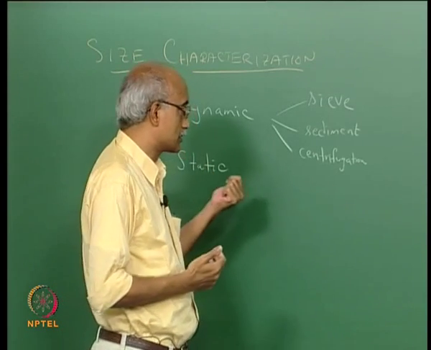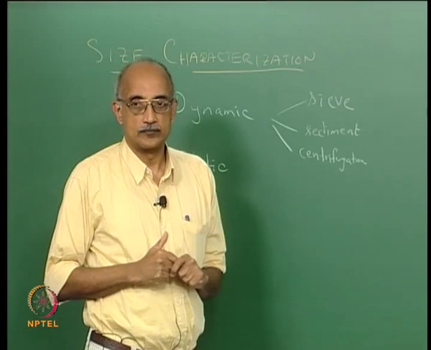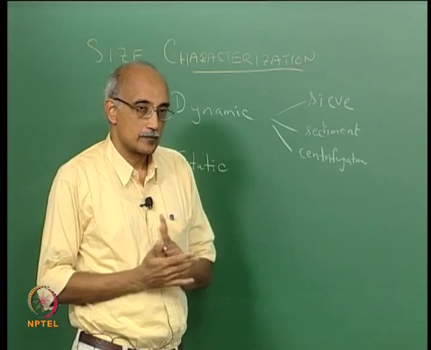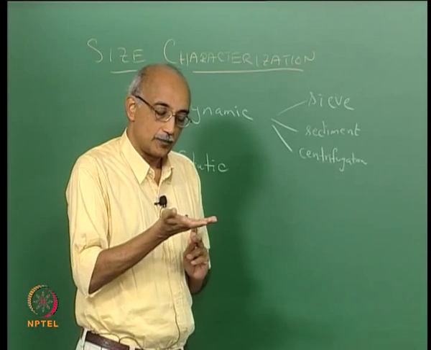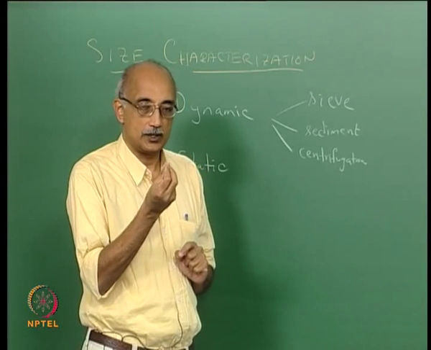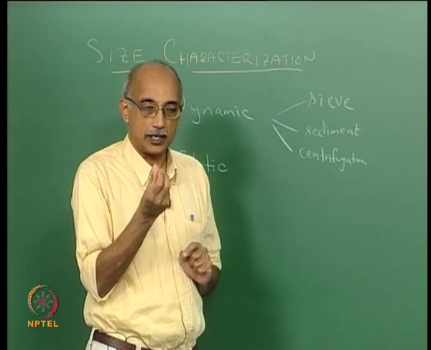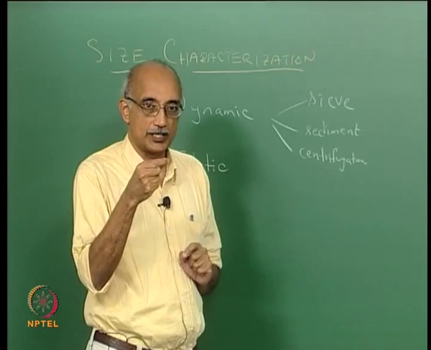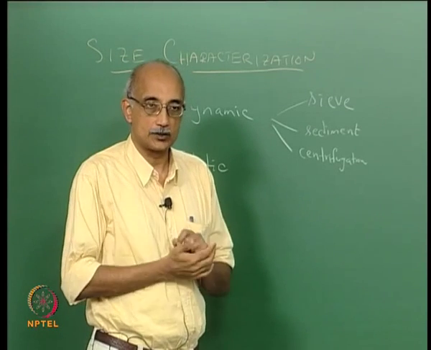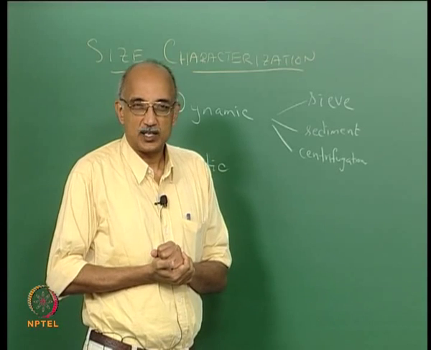So, in this case, the property of the particle that you are using for size measurement is what? As you are vibrating the particle, you are simply making use of the fact that if the particle diameter is greater than the opening or the mesh size, it will stay. If it is smaller, it will pass through. Now, what mechanism is that?